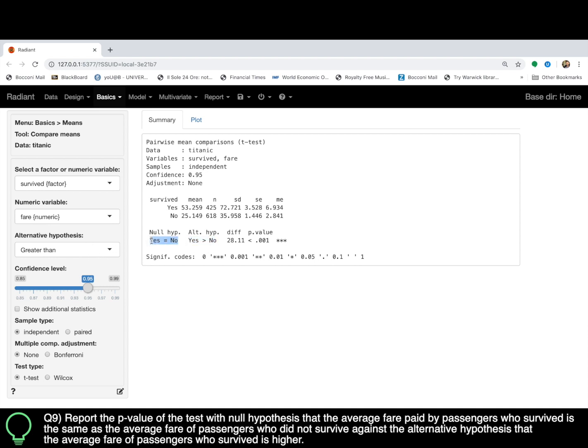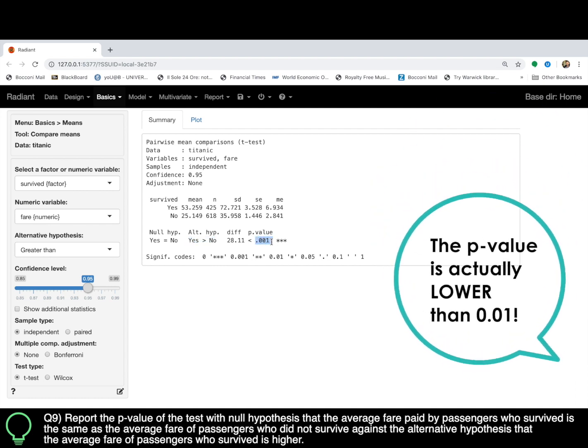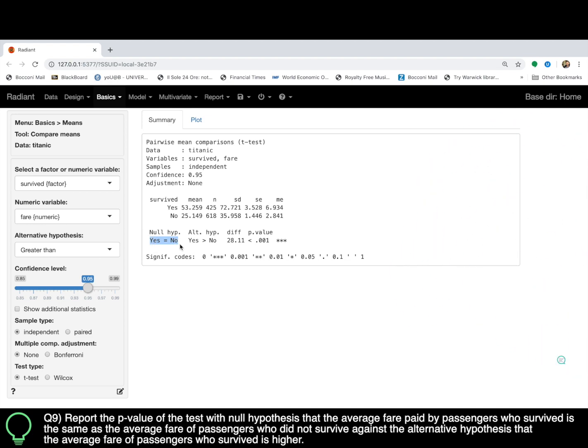The null hypothesis is that the two averages are the same, and the alternative is that those who survived actually, on average, paid a higher fare, and the p-value is 0.001 for this test. So apparently we reject that the averages of these two populations are the same.